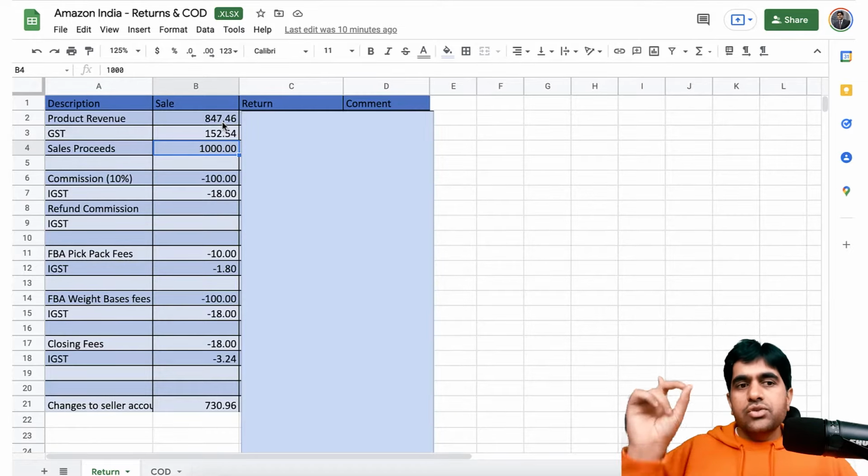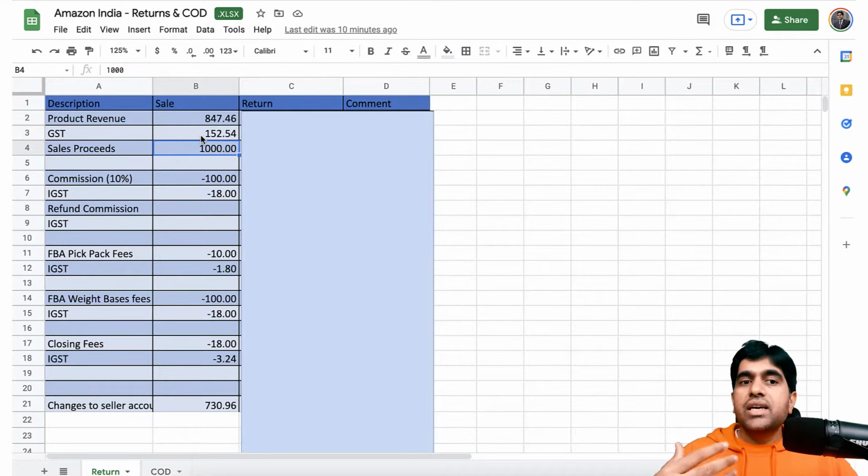Again, I explain in this video in detail, but GST is not 18% of this. As a thumb rule, divide the product price by 1 plus your GST. So in this case, it's 1,000 divided by 1.18. That will give you the product revenue, and the difference is your GST.